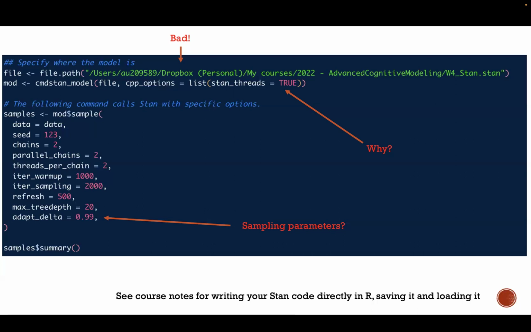Then we have a bunch of things here that we haven't properly discussed yet. Iteration warm up, iteration sampling, refresh, max tree depth, and adapt delta. What are these? Well, if you remember, what we are doing is we are exploring the posterior space.